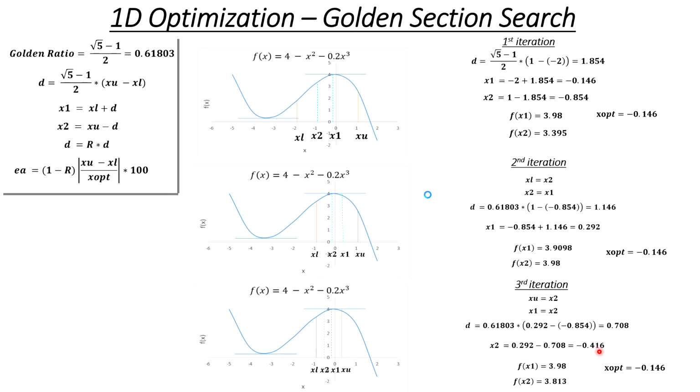So now we get the function value at the upper and lower points, and that gives us at x1 3.98, at x2 3.813, and you can find that the optimum is still at the function value x1, which is in this case still -0.146. So this pattern you can actually see when you're using the golden section search.